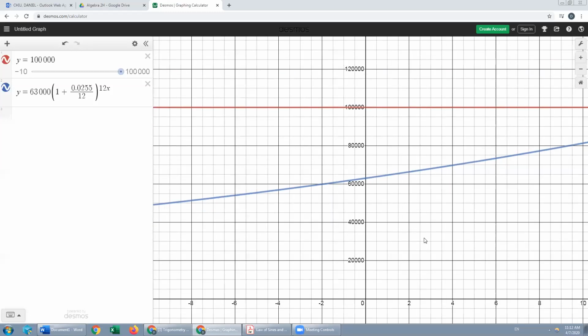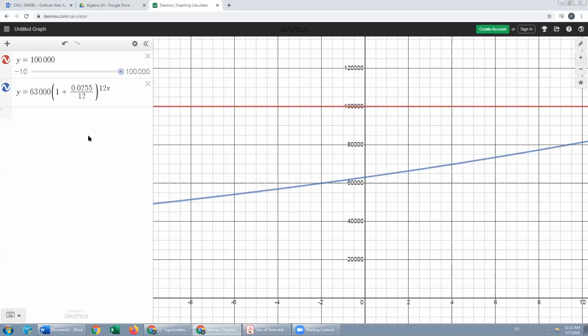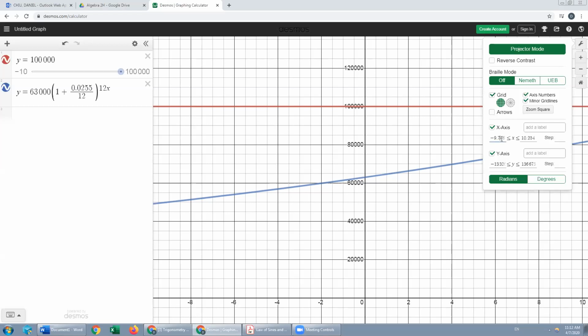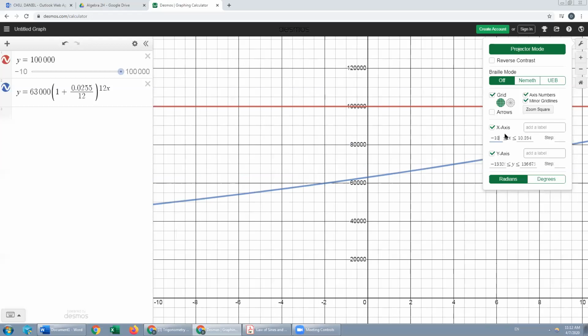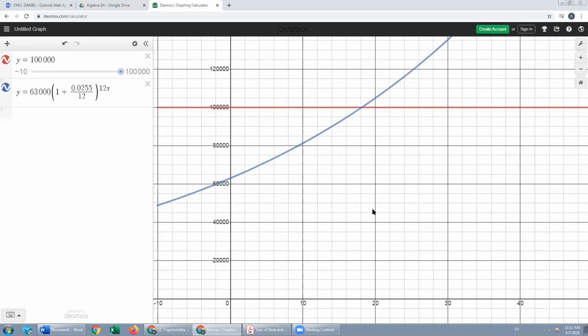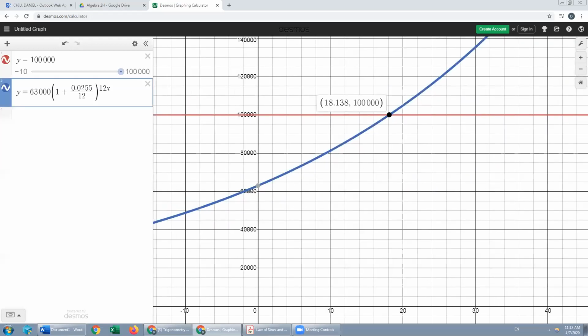There we go. I see some lines, and I can't see where they intersect, so I need to increase my X values. So if you're on your calculator again, you go to Window Settings, and I might go from like, I don't know, -10 to 50. And boom, that's where it intersects right there, 18.138, comma 100,000.